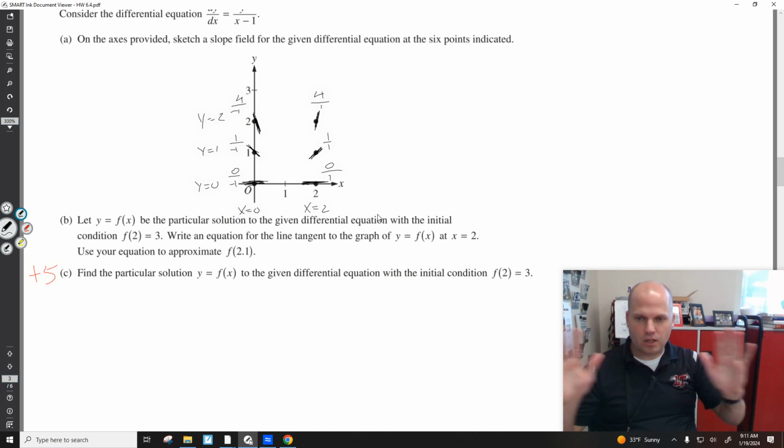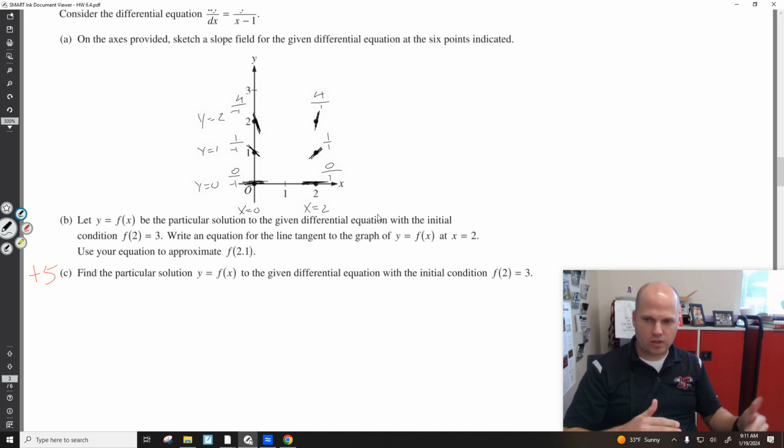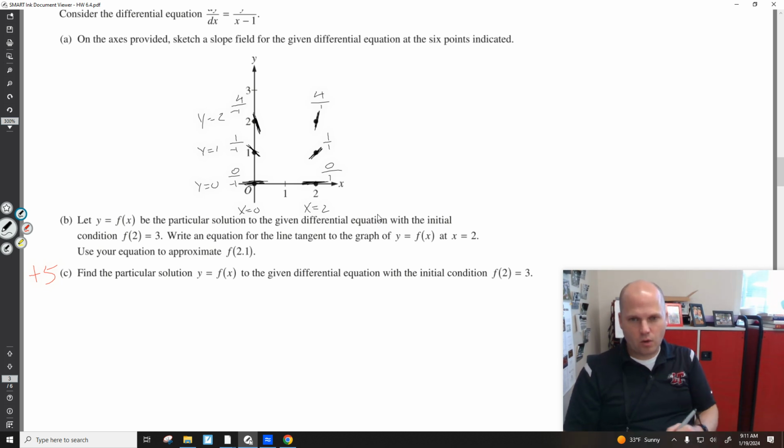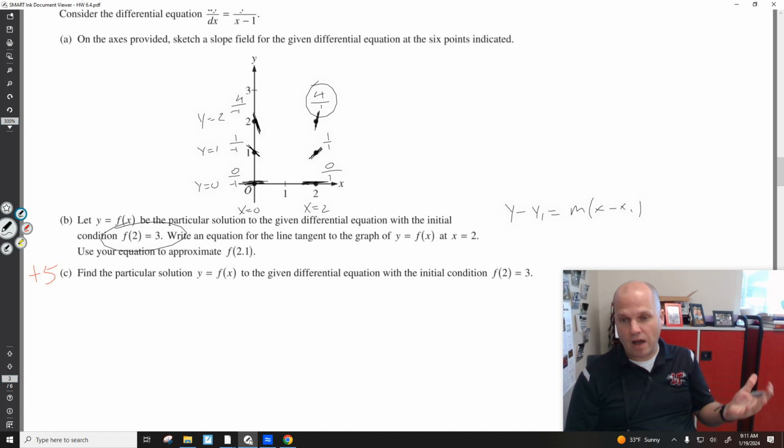It says write an equation for the line tangent to the graph of f. You don't need the graph of f. You don't need the equation. You don't need the antiderivative to find the equation of the line tangent. Remember, for the equation of a line tangent, you just need a point and a slope. The point's given to you, 2, 3. Oh, you already found the slope is 4. But like, how do you find the slope?